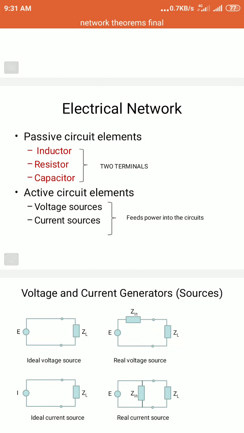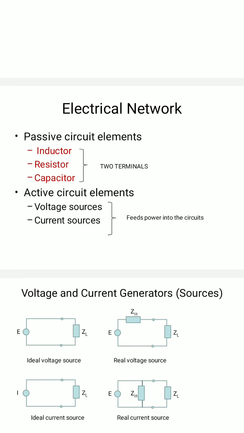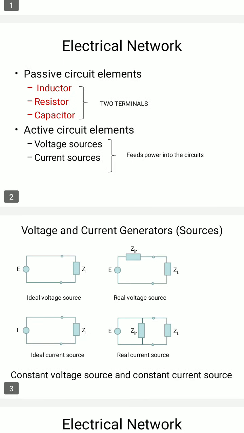Now let us see in detail about voltage and current generators or sources. Here on the left hand side we have drawn an ideal voltage source. It shows a voltage supply, that is a battery which gives a constant voltage output.